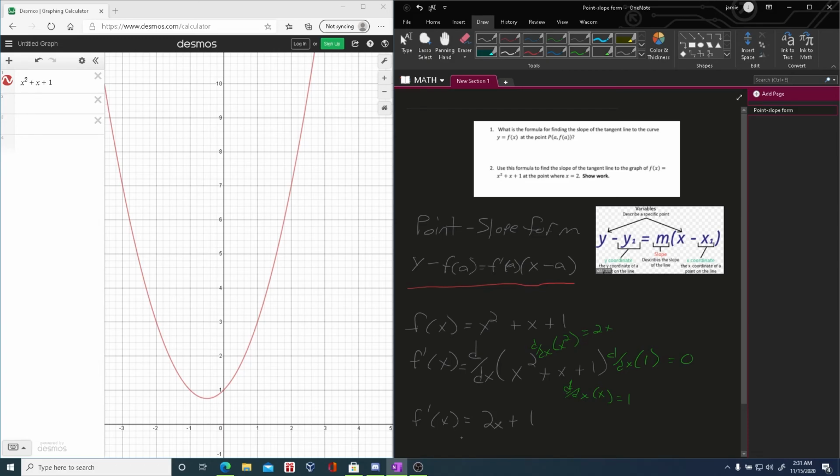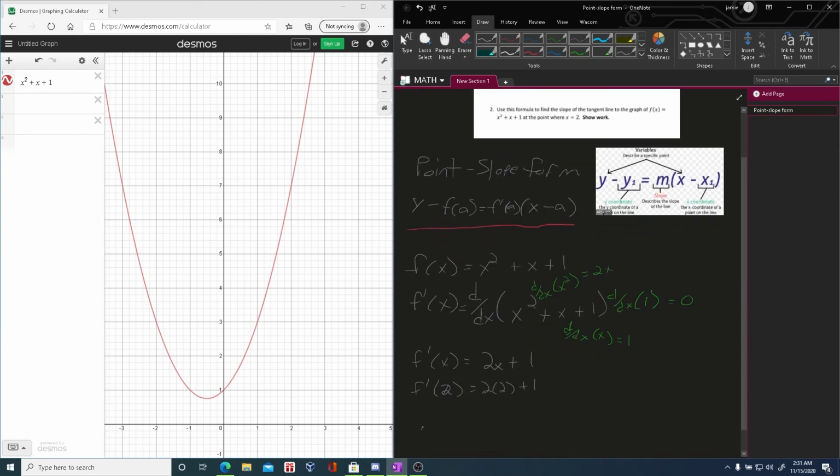And so to find the slope of the tangent line, you just plug in the given value. You want to find the slope of the tangent line where x equals 2, so you just plug that in. So f prime of 2 equals 2 times 2 plus 1.